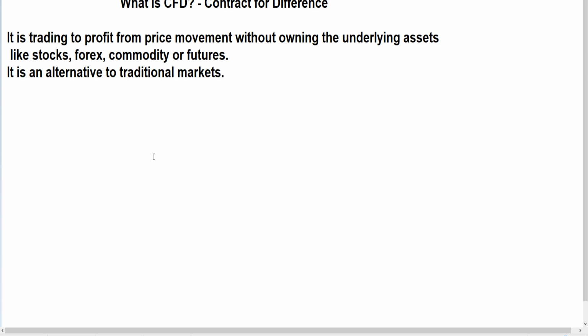Okay, so CFD stands for contract for difference. It is trading to profit from price movement without owning the underlying assets. Take it as options, because you don't own anything.